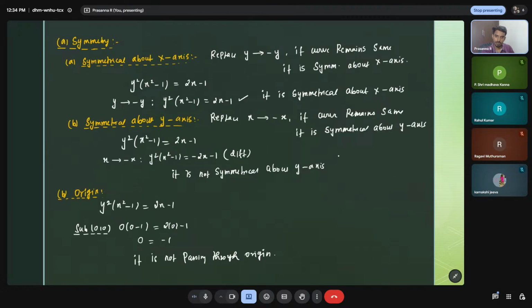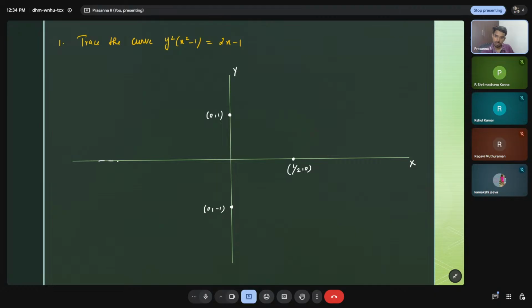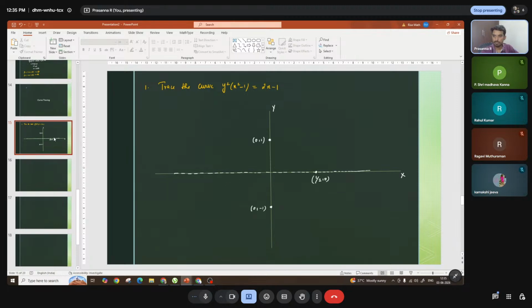So that means y is equal to 0 is a horizontal asymptote to the curve. And then we have two vertical asymptotes which are at 1 and minus 1.